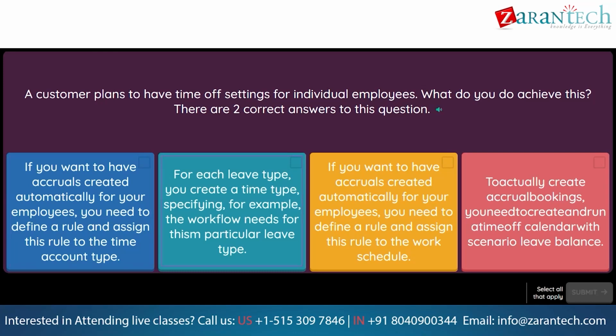Option 2, for each leave type, you create a time type, specifying, for example, the workflow needed for the particular leave type. Option 3, if you want to have accruals created automatically for your employees, you need to define a rule and assign this rule to the work schedule. Option 4, to actually create accrual bookings, you need to create and run a time off calendar with scenario leave balance.